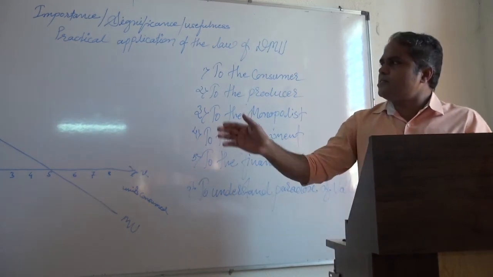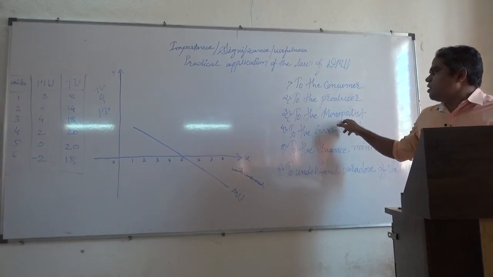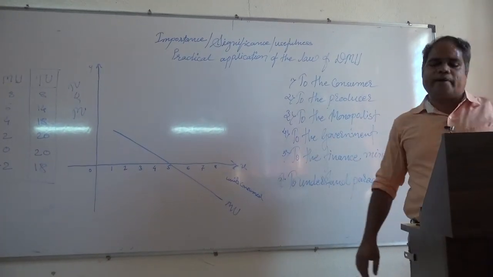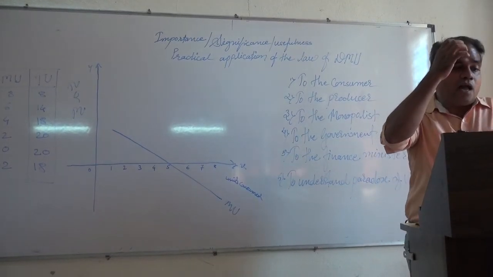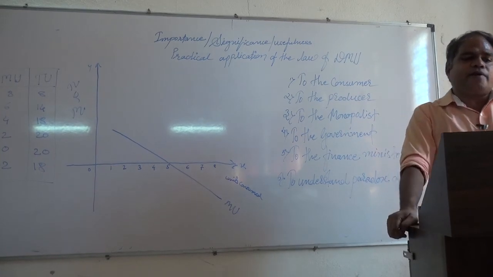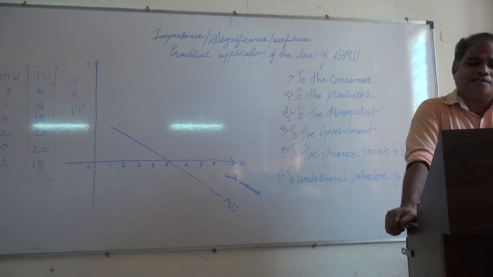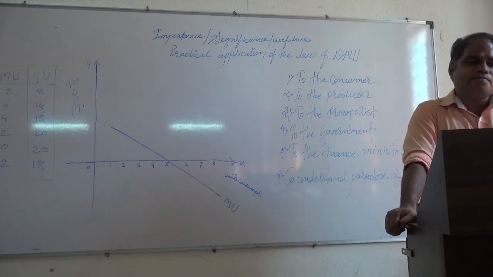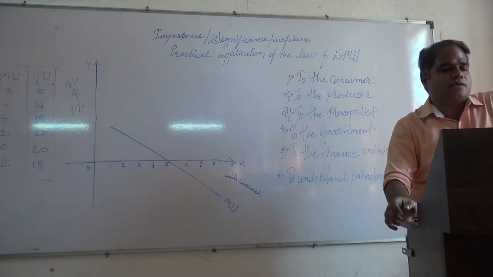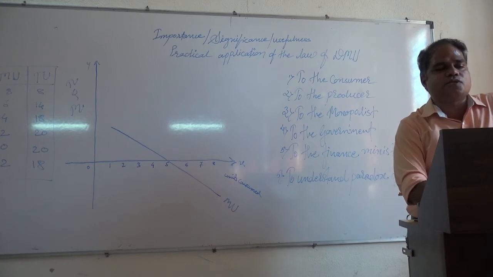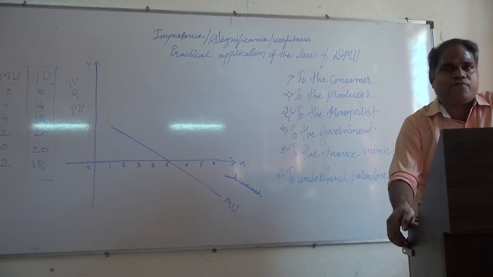So the explanation of the law of diminishing marginal utility helps the monopolist, as well as the government. The law of diminishing marginal utility is helpful to the government to implement various economic policies such as public distribution system, social justice, etc. It helps to improve the welfare of the people in society, and the law also helps for equal distribution of national income, and that leads to an increase in social welfare.